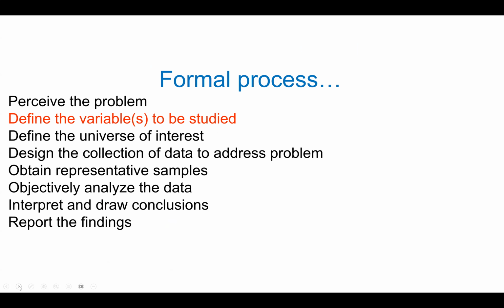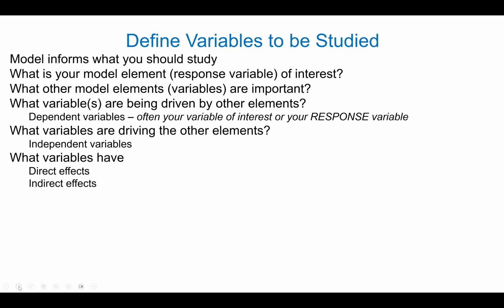So the next step is to define our variables. Your model looks at what you should study. What's the response variable? What are the more important variables? Are they being driven by something? Your dependent variables are what the question is, what you're looking for.